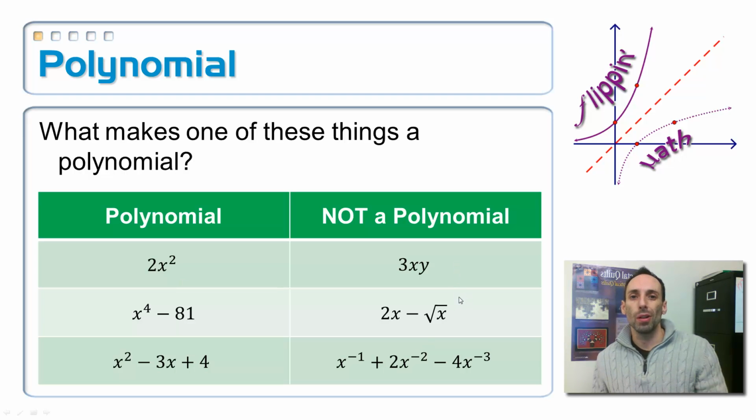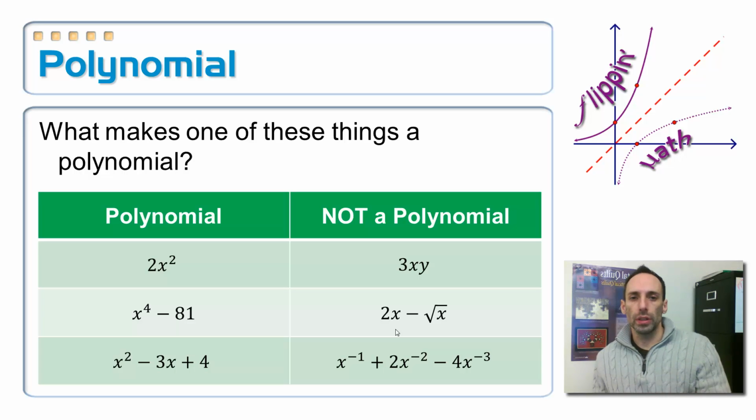Over here in the not polynomial column, I can't have 2 different variables being multiplied together. So that's something I can't have. The second one there, I can't have any square roots. Sometime in the future we're going to learn that the square root can also be represented by an exponent, and it's an exponent of 1/2, and that's going to be a bad thing for polynomials anyway.